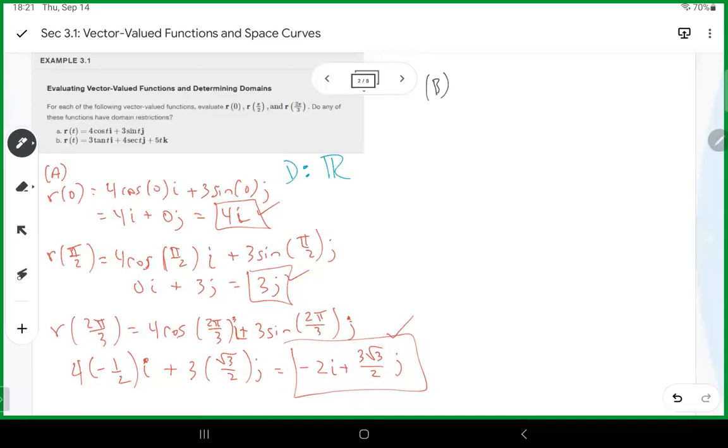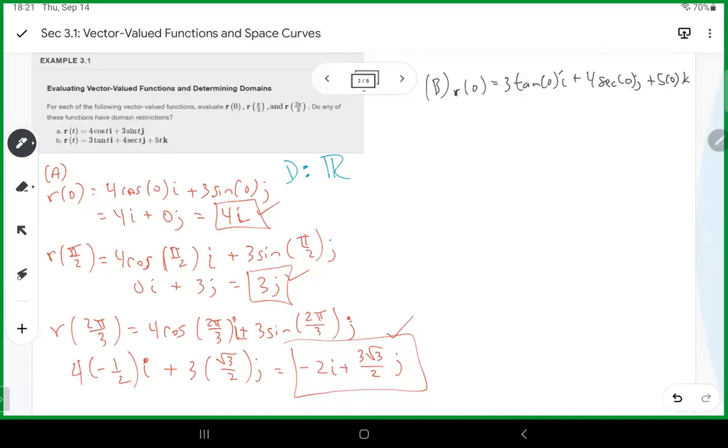So we have to do the same thing for part B. So r of 0 is going to be 3 tangent of 0 i plus 4 secant of 0 j plus 5 times 0 k.